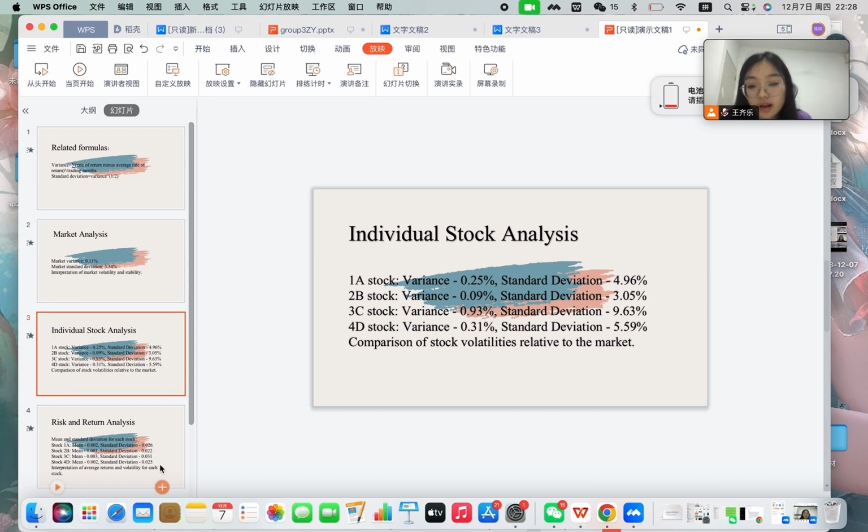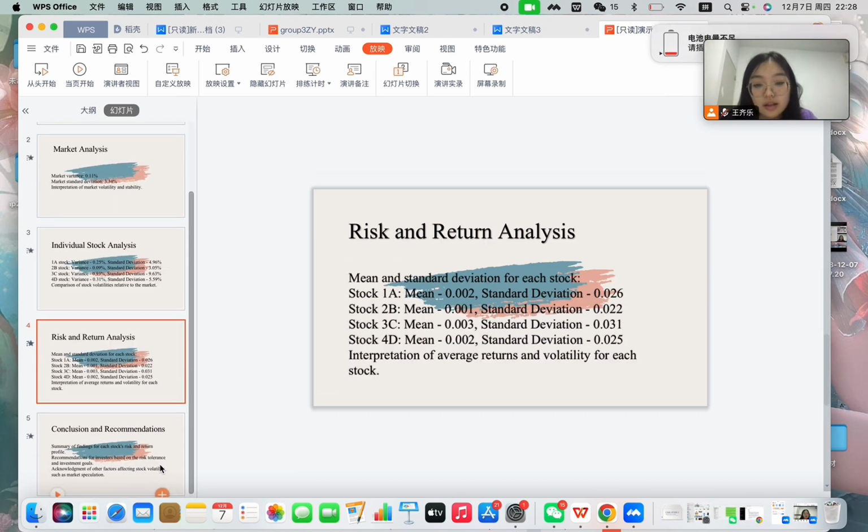To have a comprehensive understanding of the stock's risk and return, we also calculate the mean of each stock. The mean represents the average return of the stock. For stocks 1A, 2B, 3C, and 4D, their means are 0.2%, 0.1%, 0.3% and 0.2% respectively.